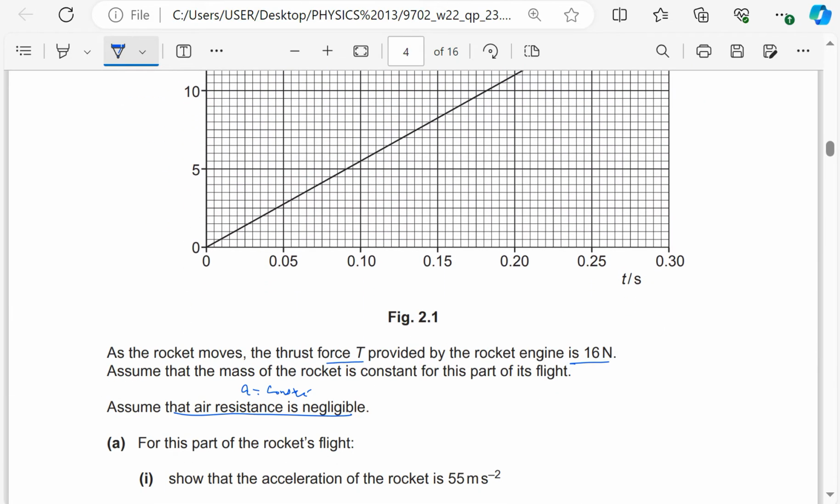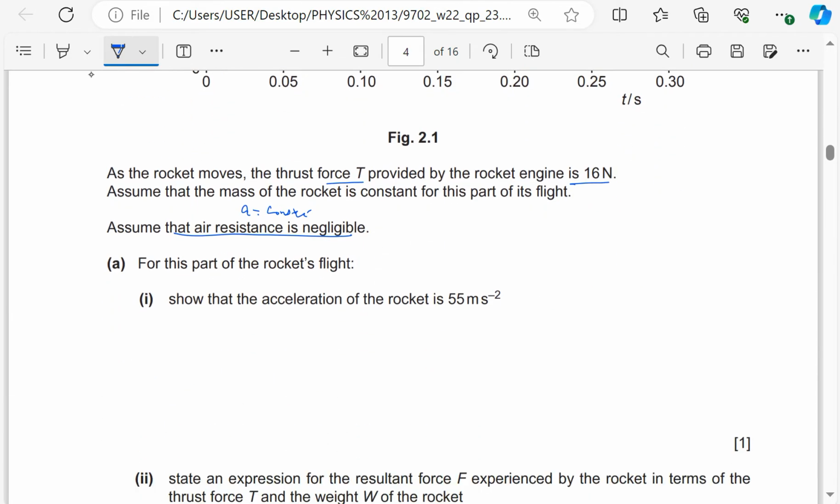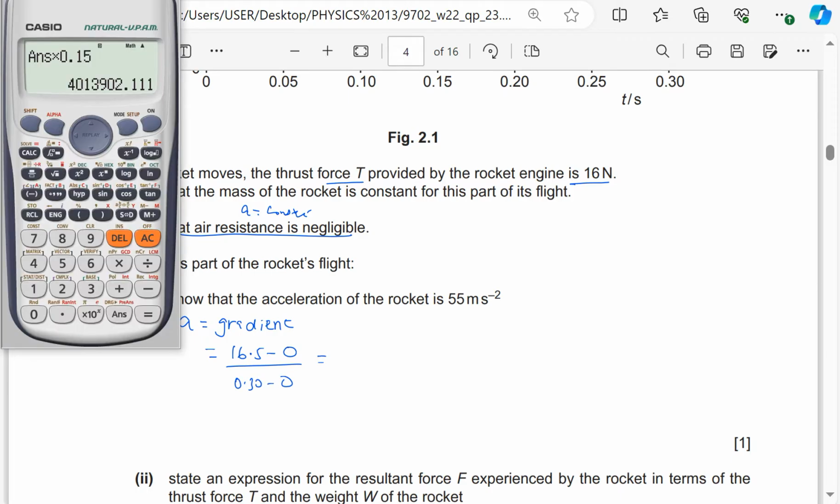The acceleration is equal to the gradient, which is 16.5 minus 0 divided by 0.30 minus 0. I'll check with my calculator: 16.5 divided by 0.3. So that is 55.